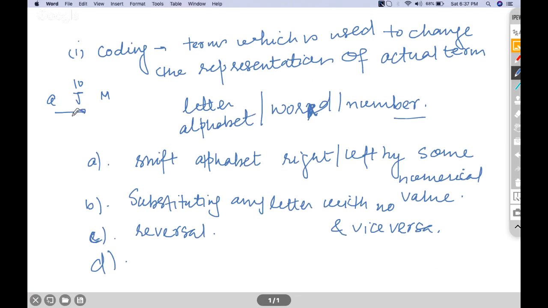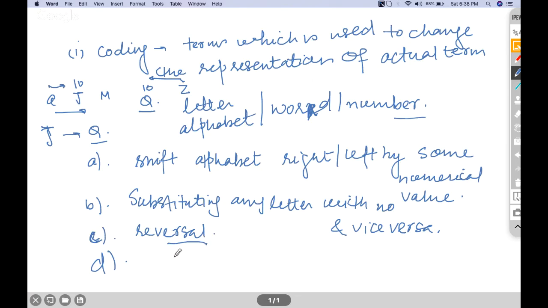So if J is coming somewhere, I can replace J with the letter which is 10th from the Z side, which is Q in this case. So J can be replaced with Q. So what I'm saying is, replacing the letters in the natural series by same position letters in their reverse order.